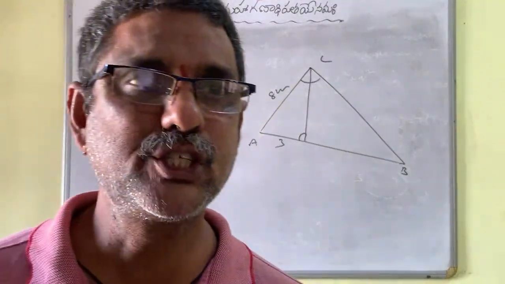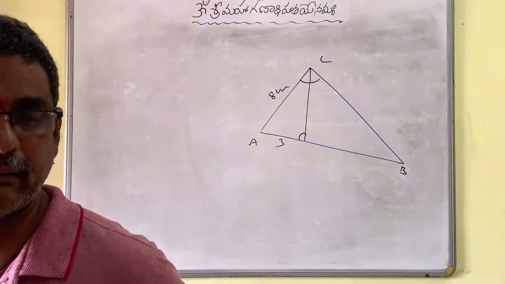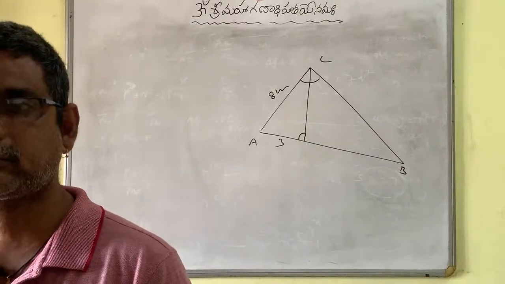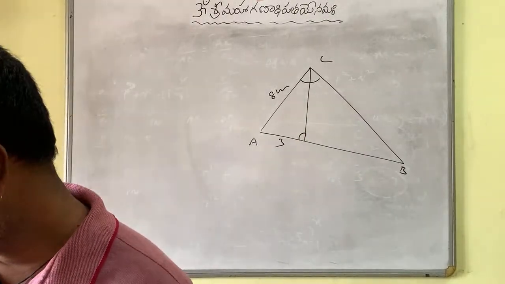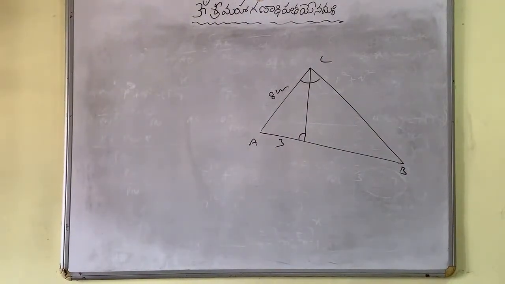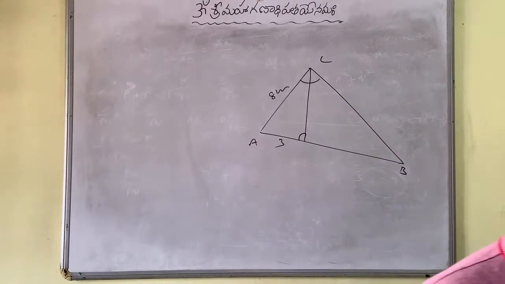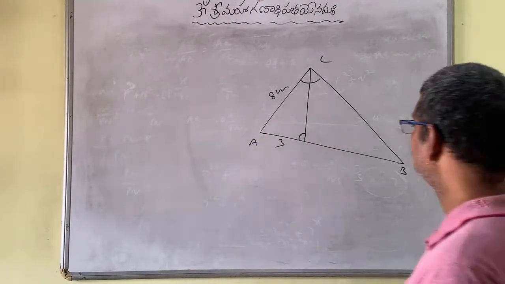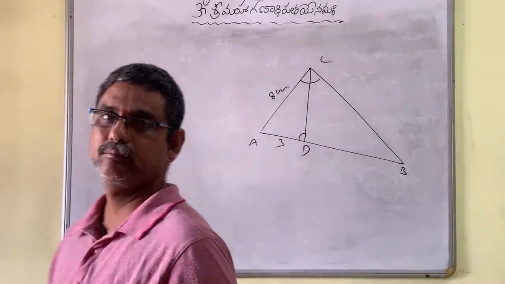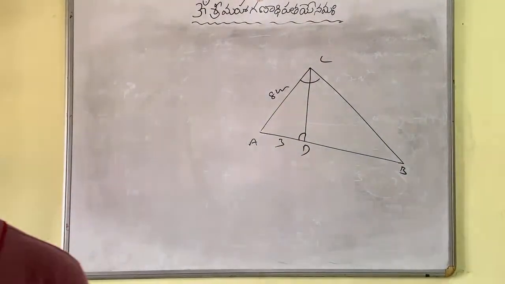Proving the similarity. Which two triangles do we have to prove similar? ACB, ADC, right? ACB, ADC. Very good. Are they similar?